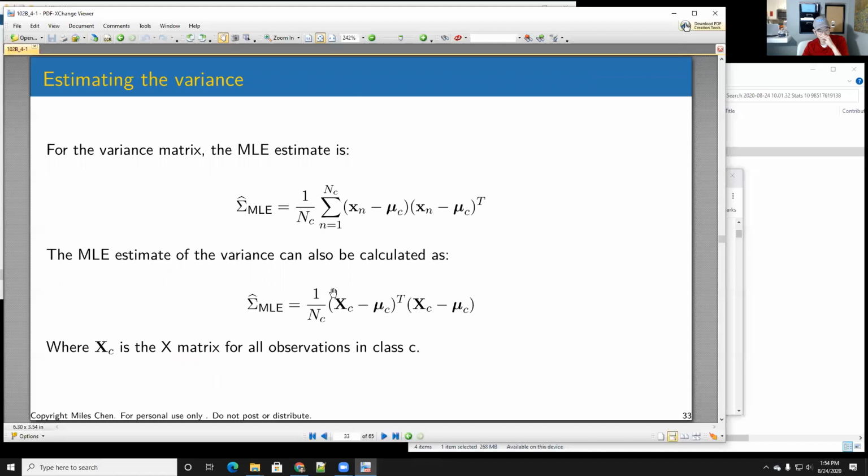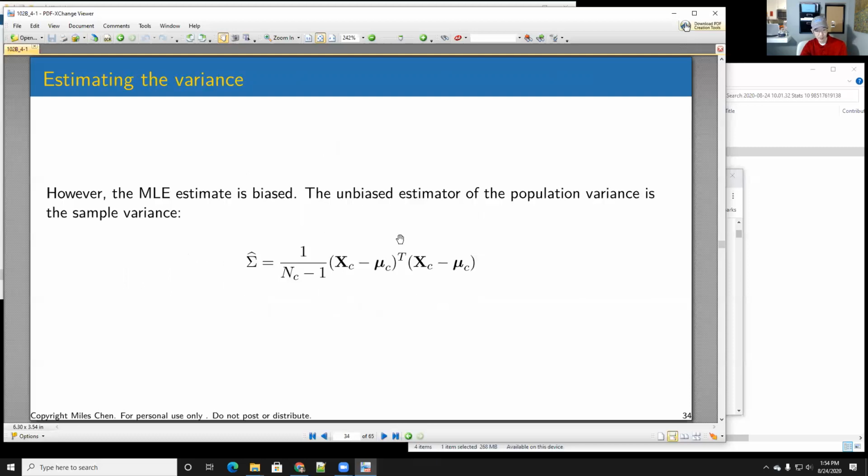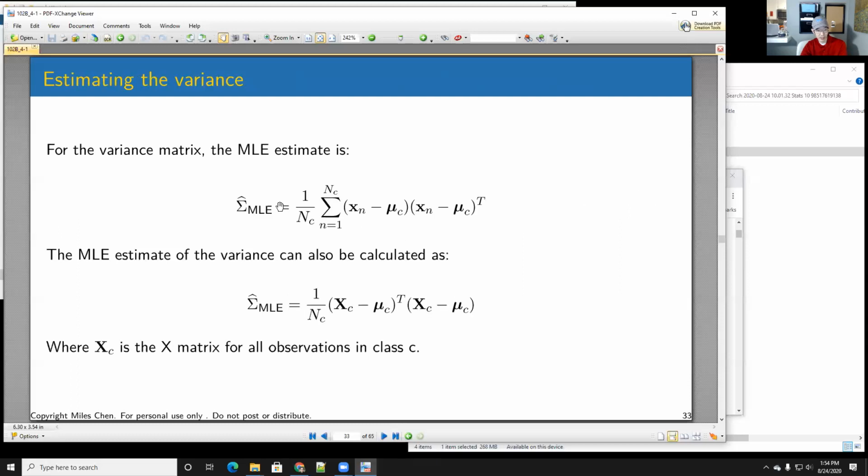And then when you do the variance, technically for the variance matrix, the maximum likelihood estimate is 1 over n rather than 1 over n minus 1, okay? But the maximum likelihood estimate is going to be biased. You had to prove this in 100B, right?